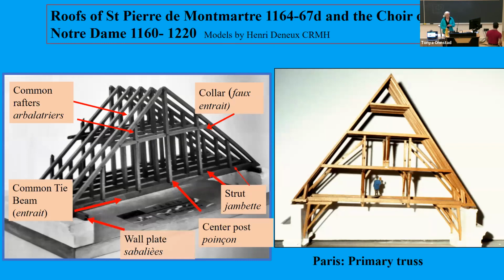Now, so what happened? What's the difference between this really super basic design of Saint-Pierre de Montmartre? And it was nice to find something that was known, because Saint-Pierre de Montmartre is also a major church in Paris, which surely the people would have known. And if you notice, the dendro date is 1164 to 1167. Notre Dame is roughly 1160 to 1220 roof trusses.